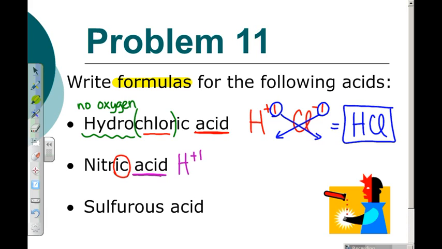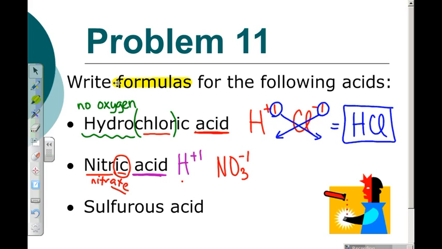What that means is this came from hydrogen being paired with nitrate. So on the back of my periodic table, I need to find the formula for nitrate. Nitrate I find back there as NO3 with a -1 charge. So this is nitric acid because it was nitrate and I ate something icky.